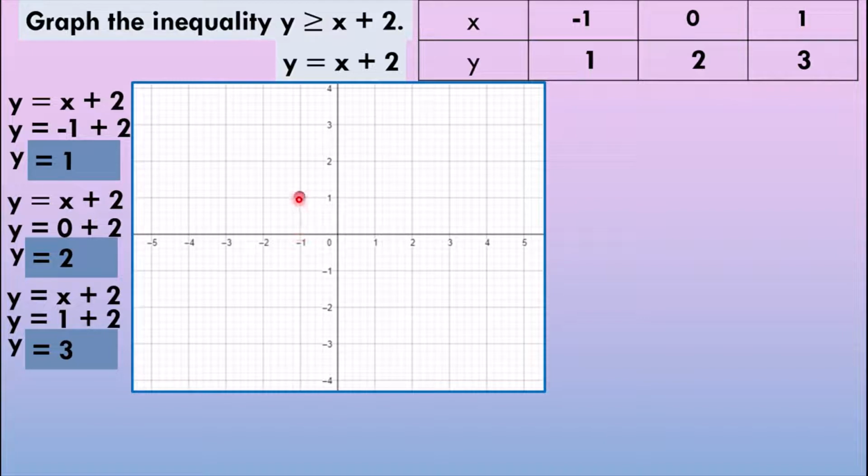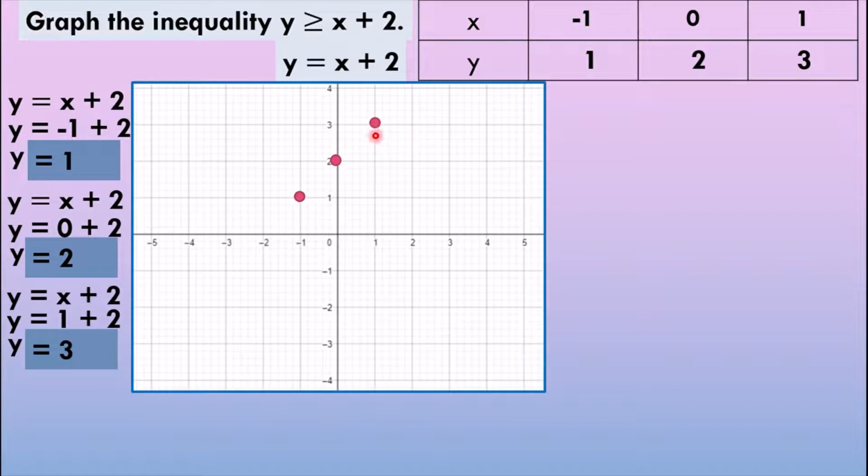So, dito, negative 1, positive 1. Next, 0, 2. So, yung x natin 0, dito 0. Then, yung y is positive 2. Next, x is positive 1. So, ito yung positive 1 sa x-axis. Then, yung y is positive 3. So, dito naman yung ating y-axis positive 3.